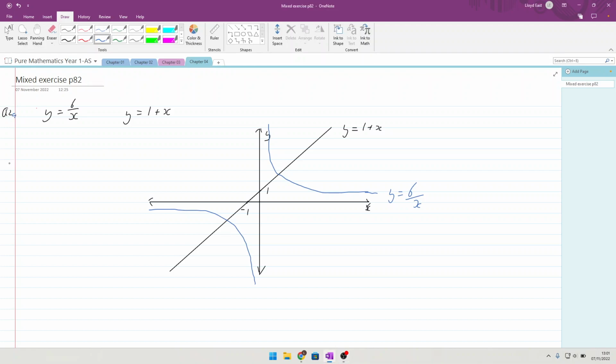Now then, part B, what does it want? Completely lost the page.